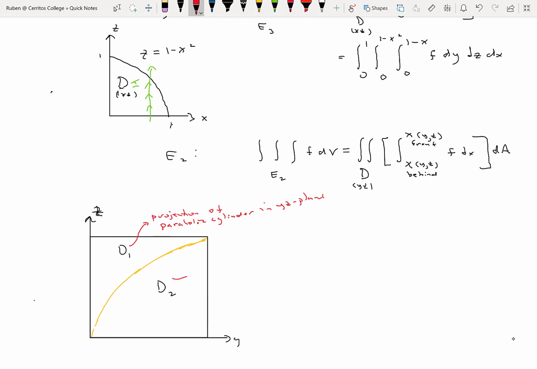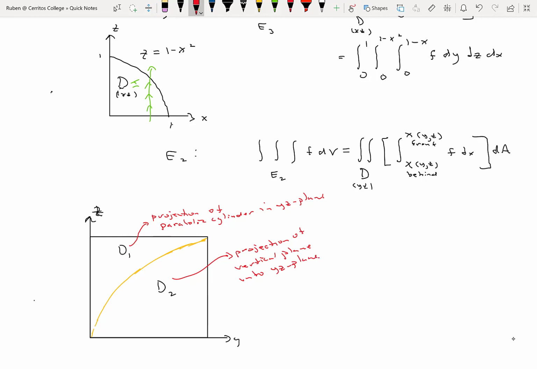The region D2 is the projection of the vertical plane into the YZ plane.